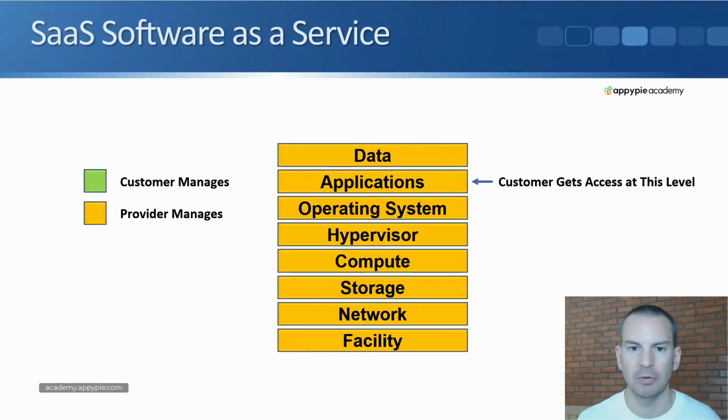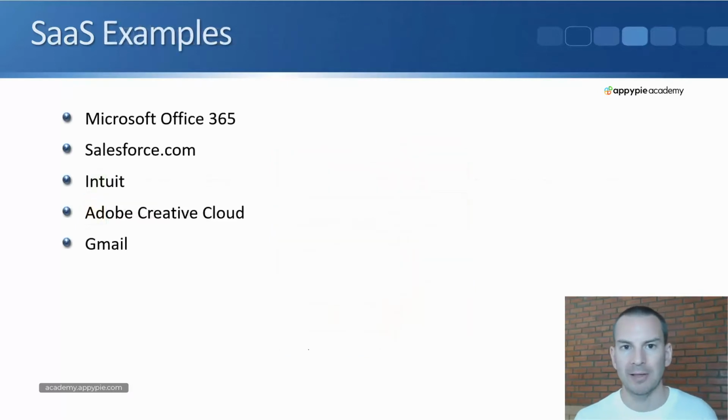Some examples of software as a service are Microsoft Office 365, Salesforce.com, Intuit, who make financial applications, Adobe Creative Cloud, and Gmail. Yeah, our normal cloud-based email services like Hotmail and Gmail, they were actually available before the term cloud was even coined.